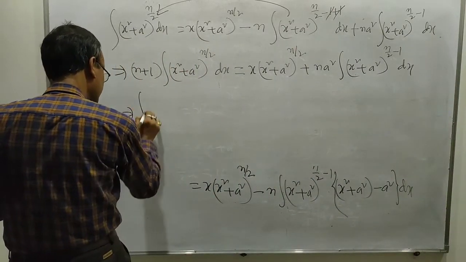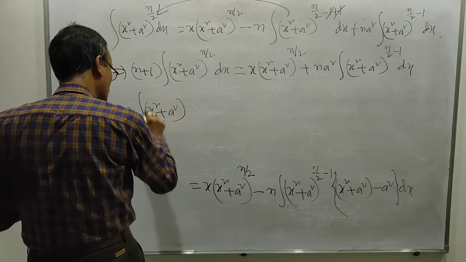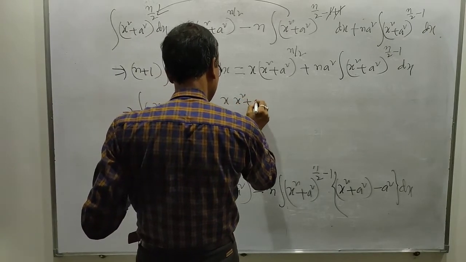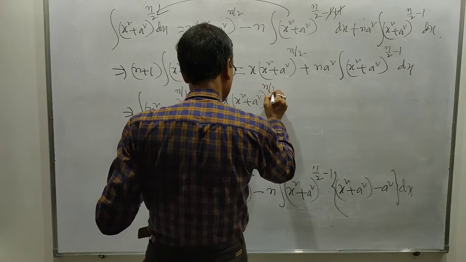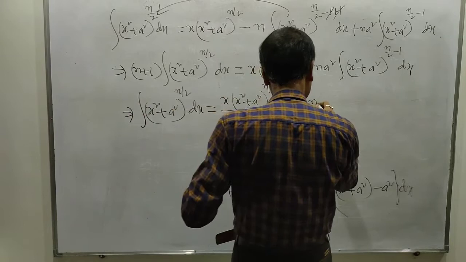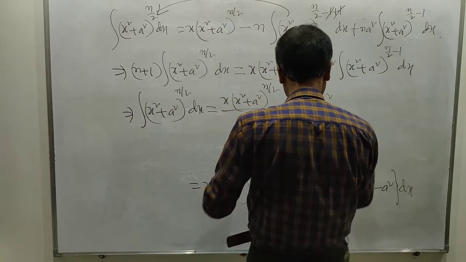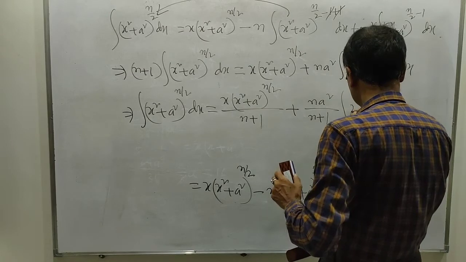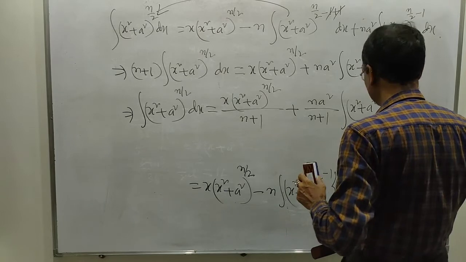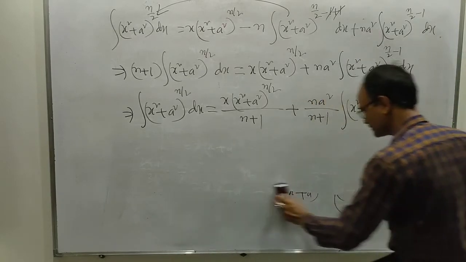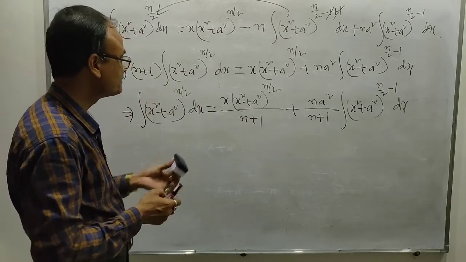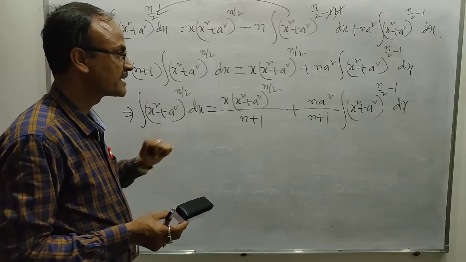This means integration (x square plus a square) whole to the power n by 2 equals x into (x square plus a square) whole to the power n by 2 divided by n plus 1, plus n a square divided by n plus 1 integral (x square plus a square) whole to the power n by 2 minus 1 dx. This is the required reduction formula.